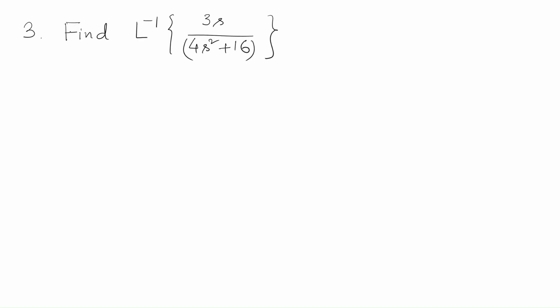Question number 3. We have to find the inverse Laplace transform of thrice s divided by 4 s square plus 16. We know inverse Laplace transform of s by s square plus 4 square is cos 4t.